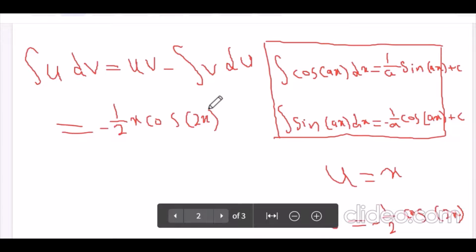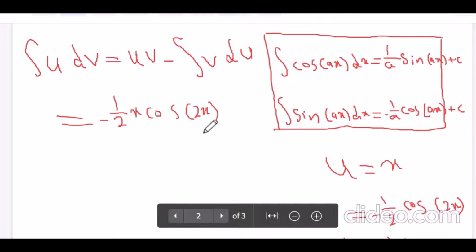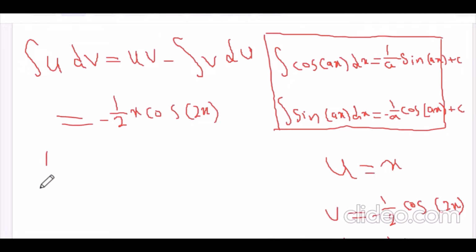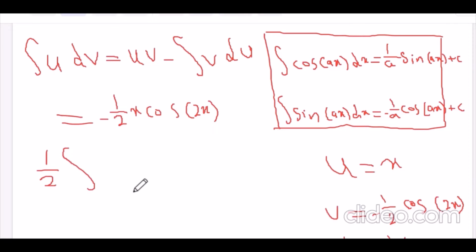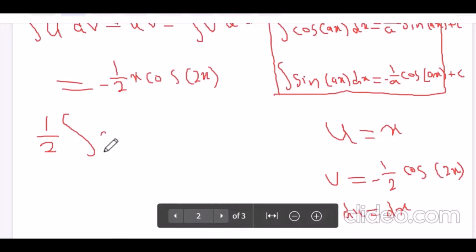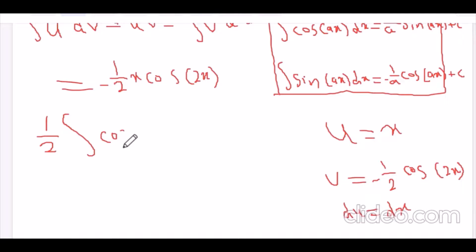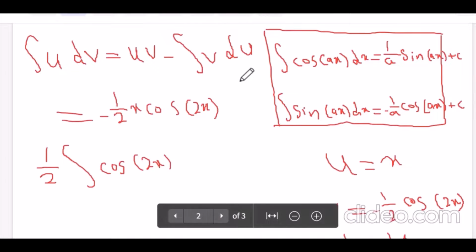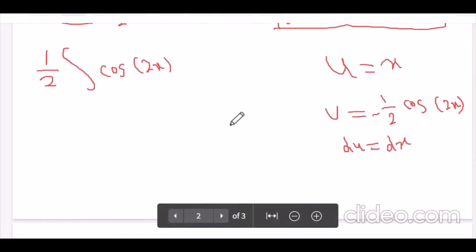So we have to write the coefficient in front of the integral sign. So it's going to be 1 over 2, then the integral, then I'm going to complete the rest. So cosine 2x dx.